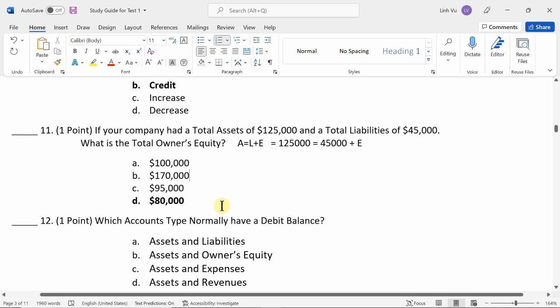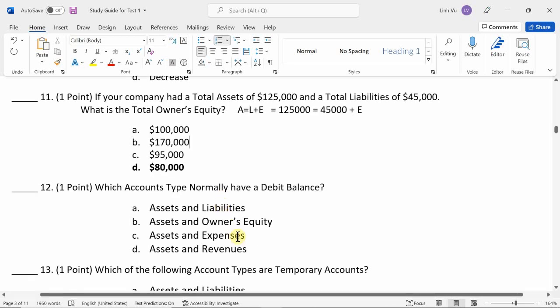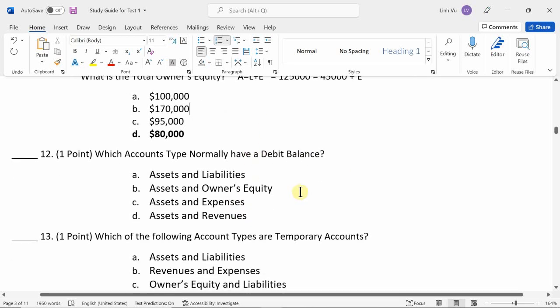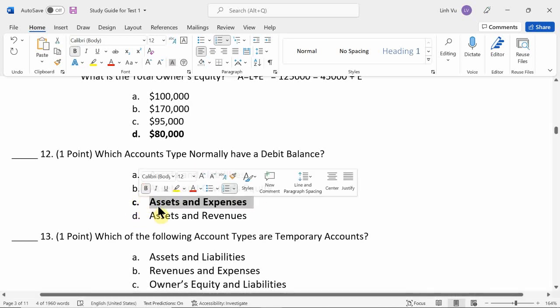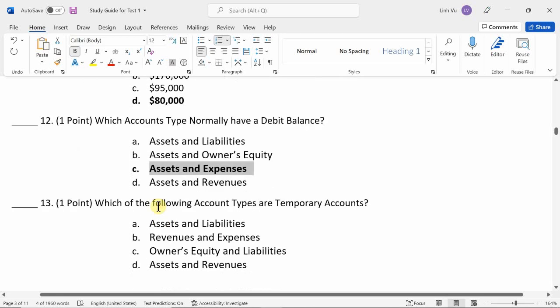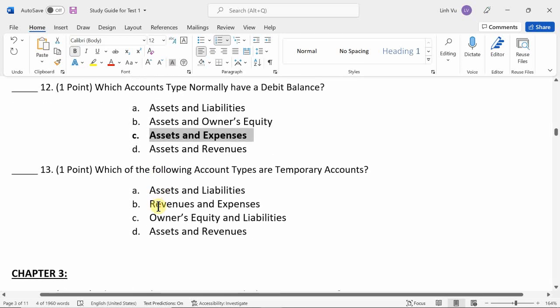All right, next question, number 12 here. Which account types normally have a debit balance? C, assets and expenses. Yes, so again, you can definitely get this answer from using the accounting model. Which one points upwards for the debits?